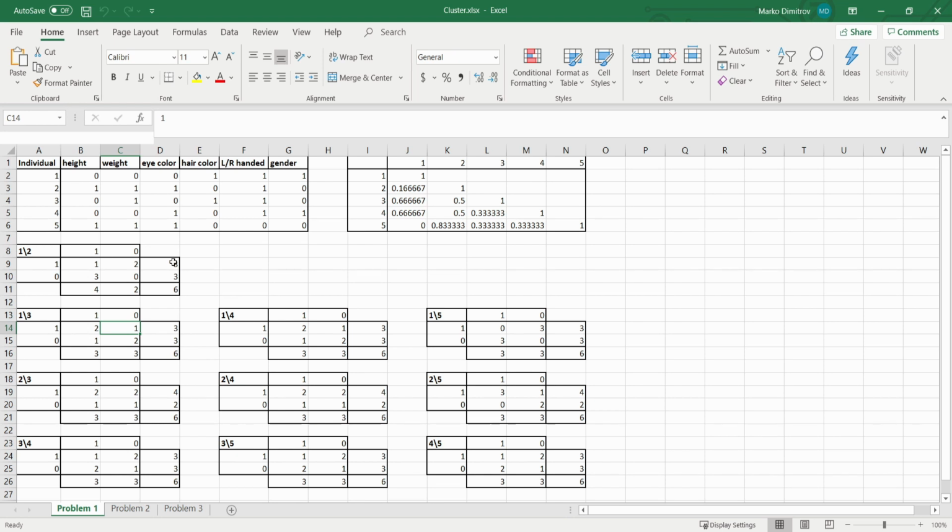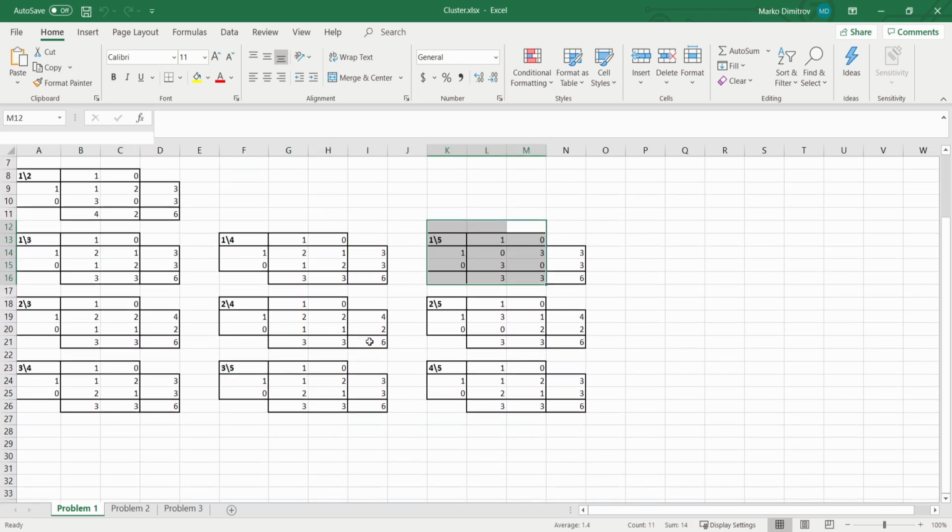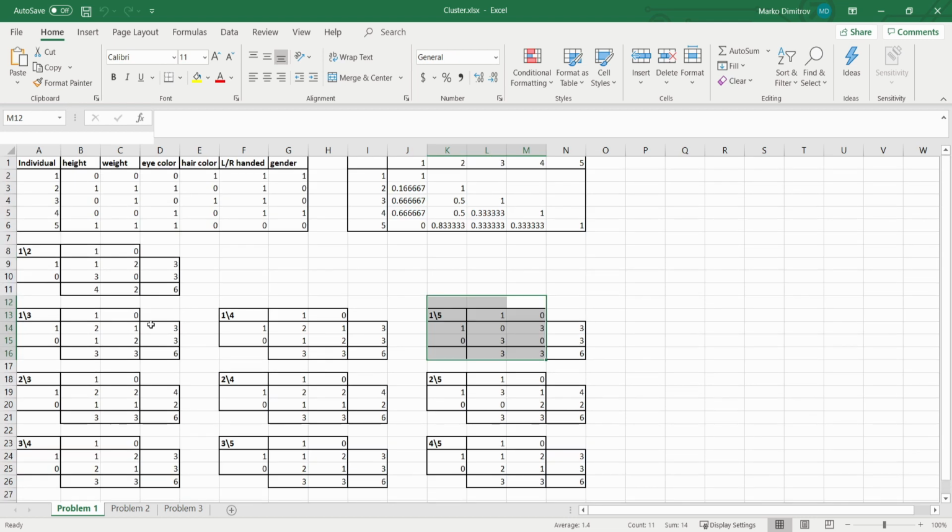So as you can see, it's not that hard to create the tables, and you need to create all tables for all pairs. So in this case, we have those tables. But now we need to create, let's say, a matrix. This matrix would be symmetric.